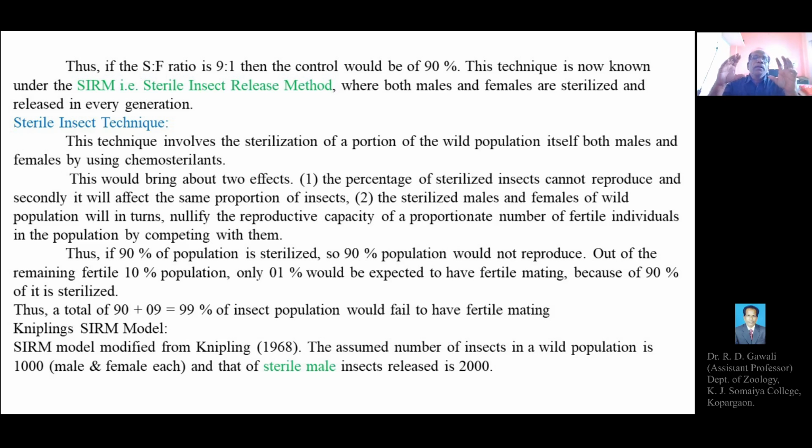If the sterile fertile ratio is 9:1, then the control would be 90%.